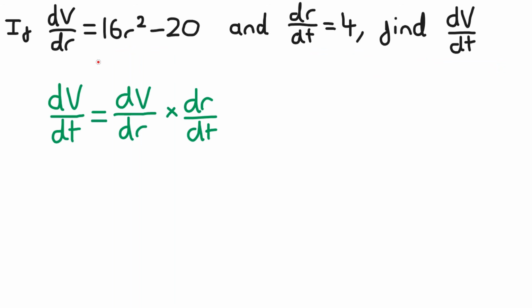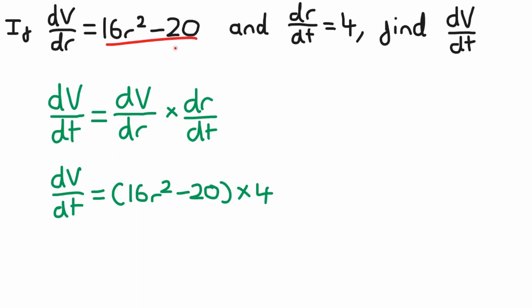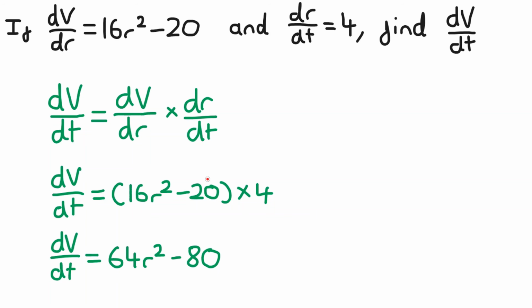So dv over dt is going to be equal to dv over dr multiplied by dr over dt, and hopefully you can see this because these dr's will cancel out here to leave us with dv over dt. So therefore, if we plug the values into here, dv over dr is equal to 16r squared minus 20, and dr over dt is equal to 4. So dv over dt is equal to these two multiplied together, so it's equal to 64r squared minus 80.